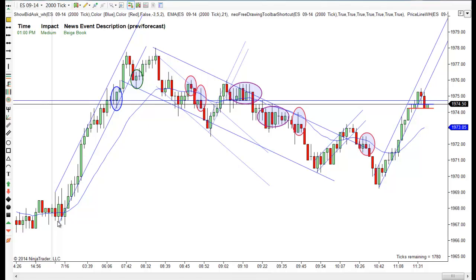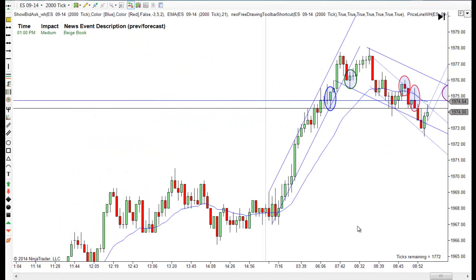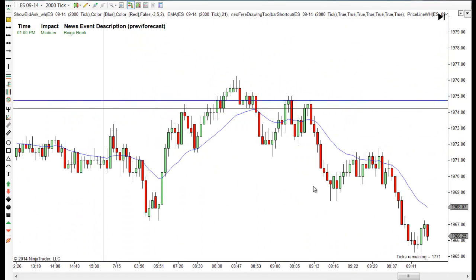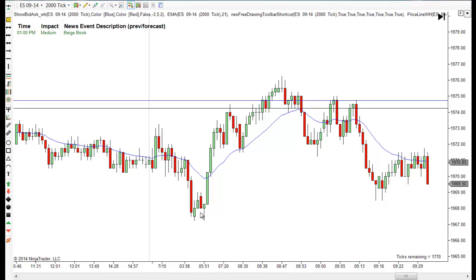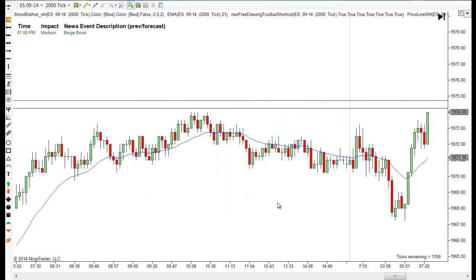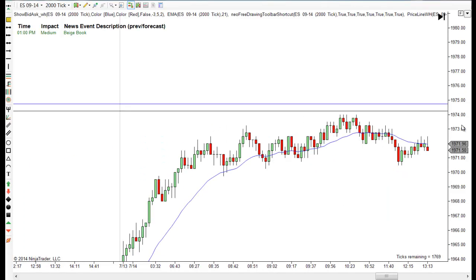Almost every day lately, we get a big move up in the early part. We get a break and just a tick or so new high or a double top, and then we start trending down. You can see that today. We kind of had that similar thing happen yesterday. Here's the day prior.